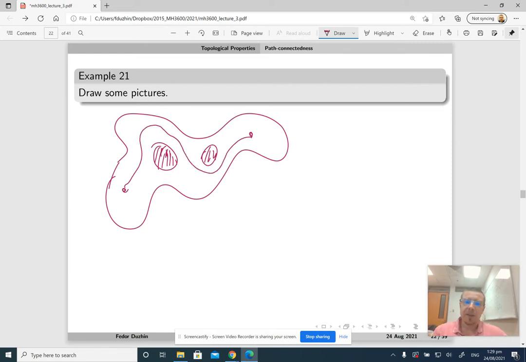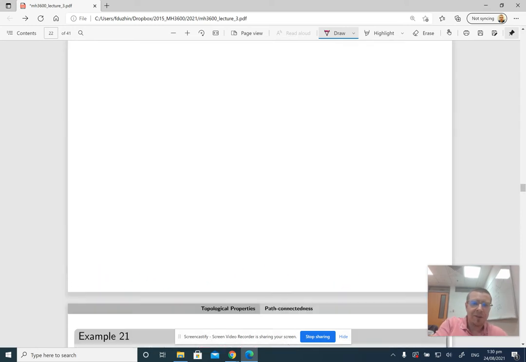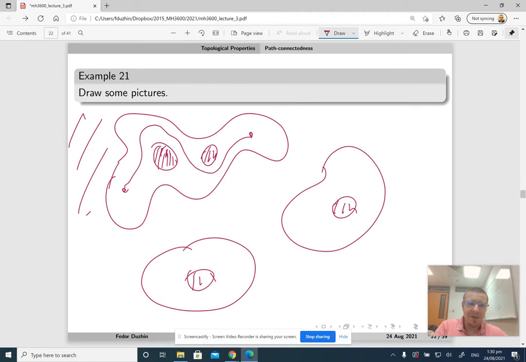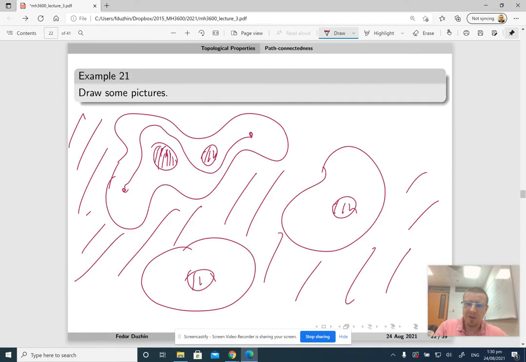But if you have something else here, something else here, and everything in between, I'm going to shade the outside exterior of this.